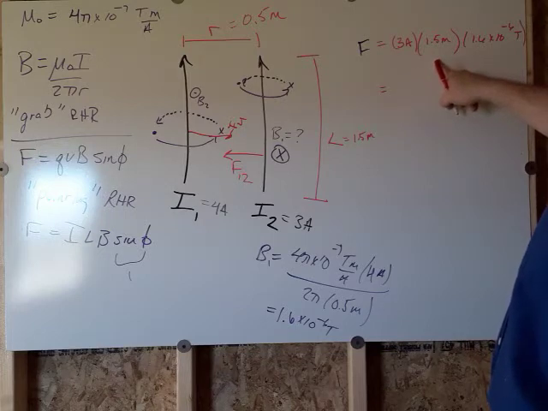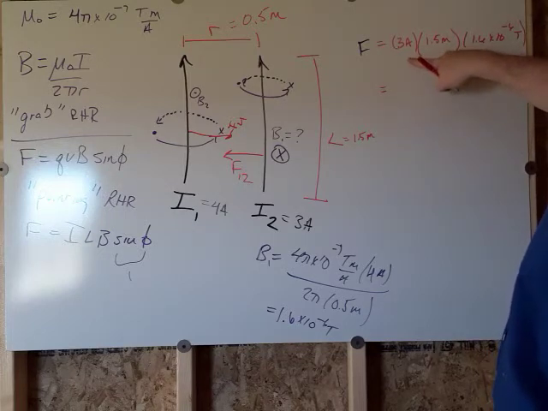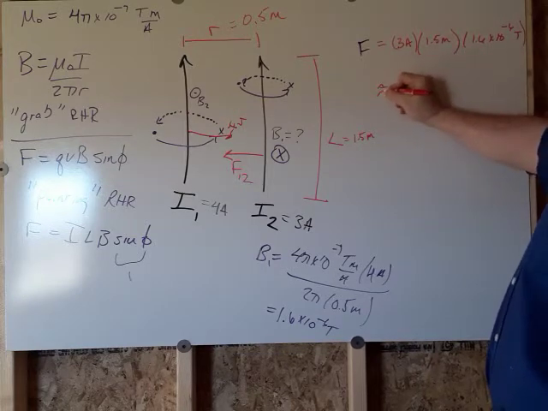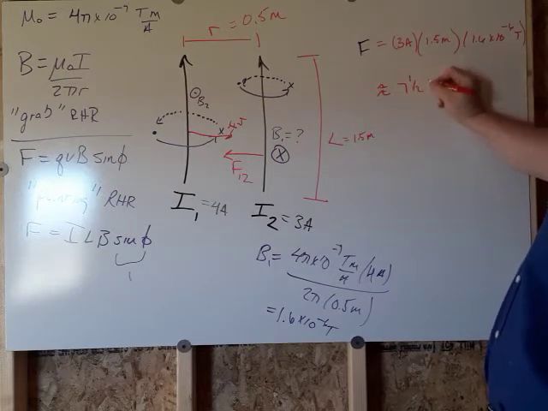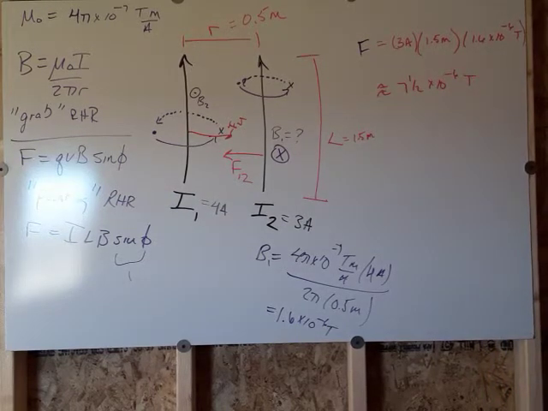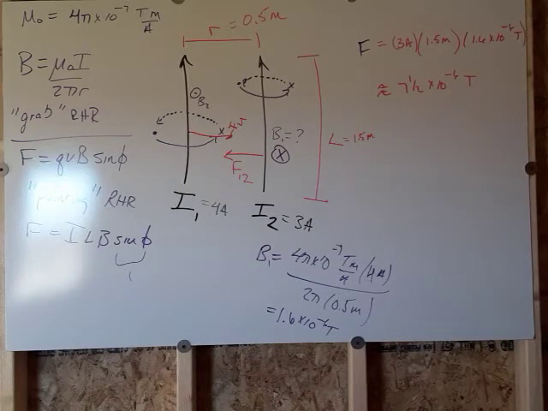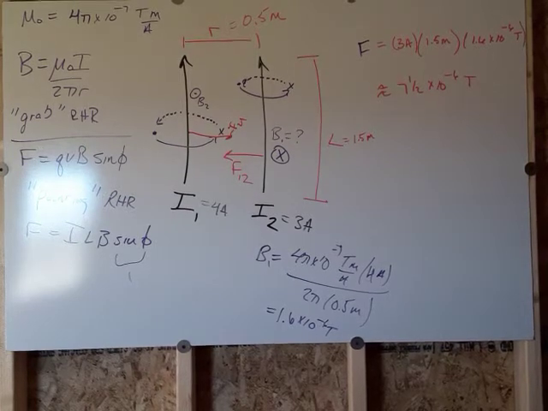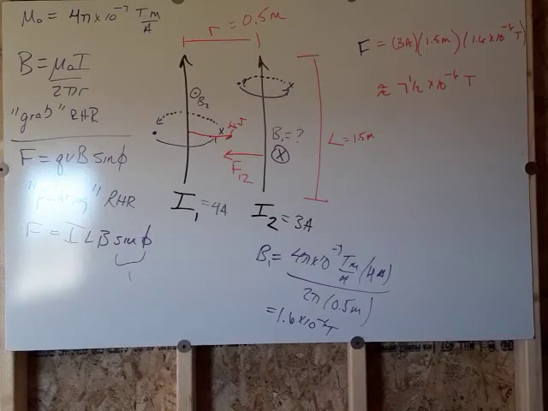Is there an easier way to do that? 1.6 times 3 is 4.8. It's about 5. This is about 7.5 times 10 to the minus 6. You can do that on your own. It's probably like 7.2 or something like that. Yeah, I think that is what it is. Anyway, now I'm sitting here thinking, is it actually that?